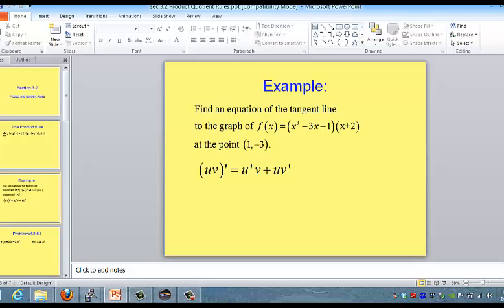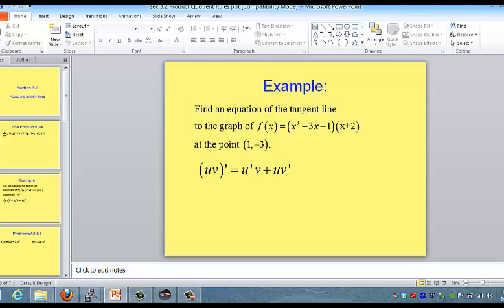But right now, let's just write this down. x cubed minus 3x plus 1, times x plus 2. So that's my function. And I'm saying that that function goes through the point (1, -3).